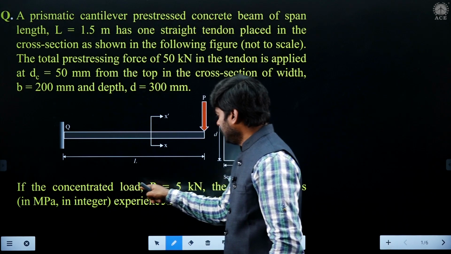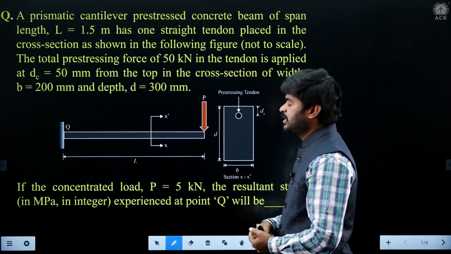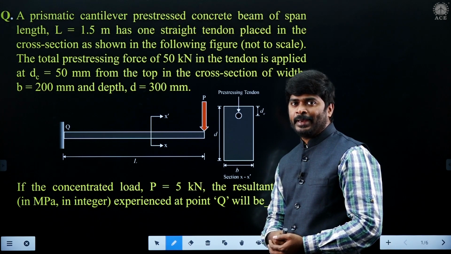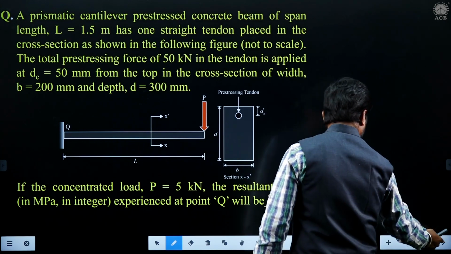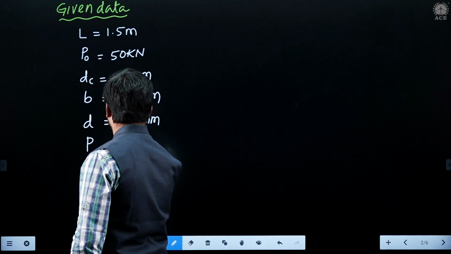If the concentrated load P equals 5 kilonewton, how much is the concentrated load applied on the cantilever beam? 5 kilonewton.